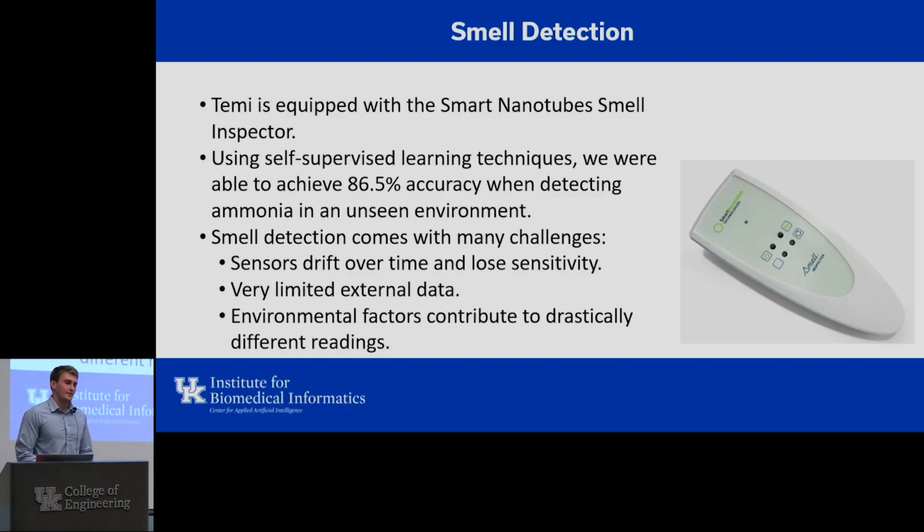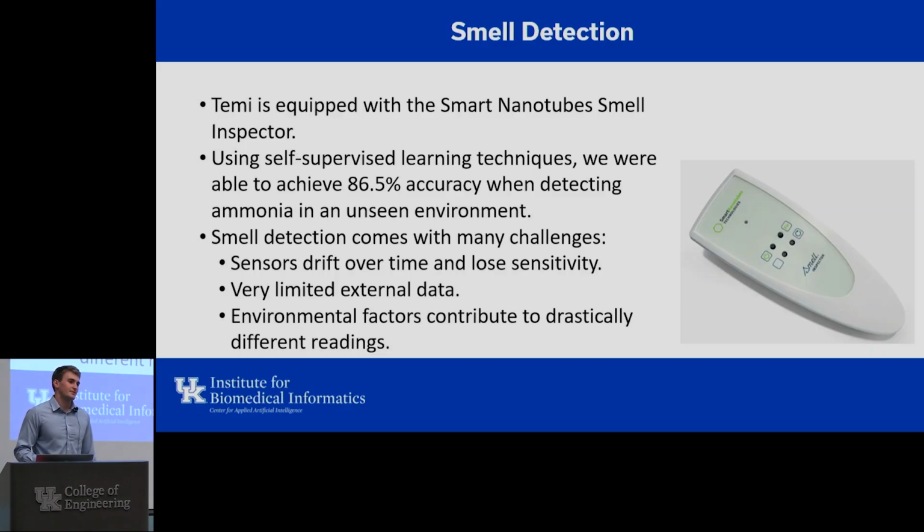And then also, there's not very much external data. A big reason for that is that people aren't really in agreement on what to measure for smell sensing. There are different smell data sets out there, but they each measure different things, so it's hard to combine those to create a large data set. But that seems to be changing.